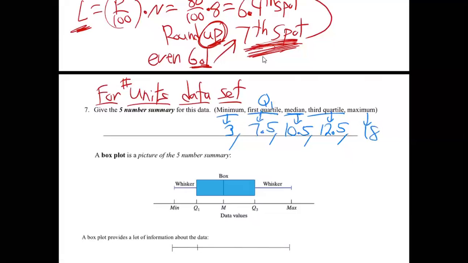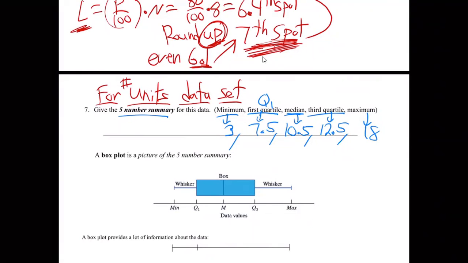So they just want us to list out the 5 numbers that summarize the data. It's a nice little summary because it shows the lowest and the highest, and it shows the breaks at the quarter points in between. It's a nice summary of the units for the whole class.